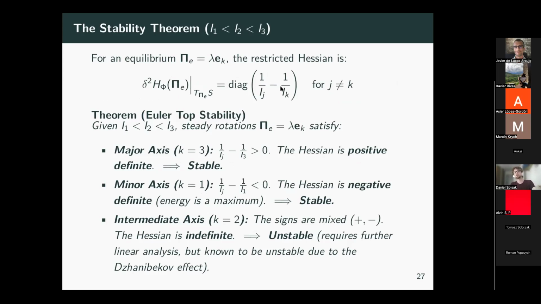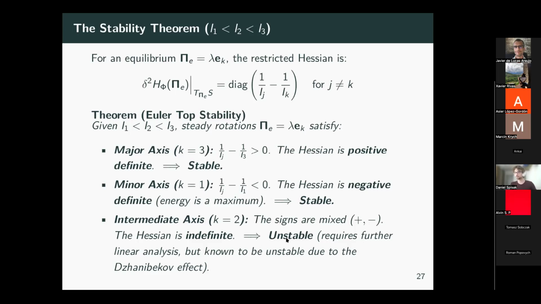We need to determine whether this is greater than 0 or less than 0 for a different axis. And indeed, if we have this restriction and this is the equilibrium, then the major axis is positive definite and stable. The minor axis, the first one, is negative definite, so it is stable, and the intermediate is mixed, so it is indefinite.